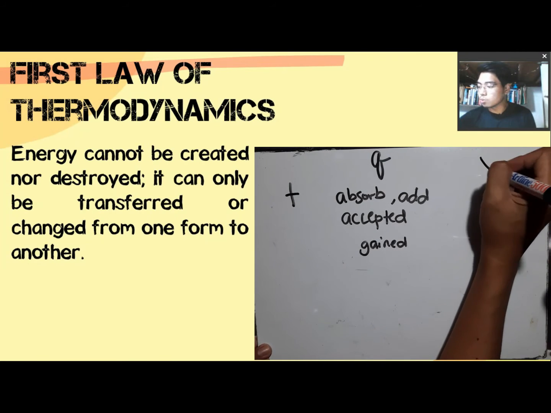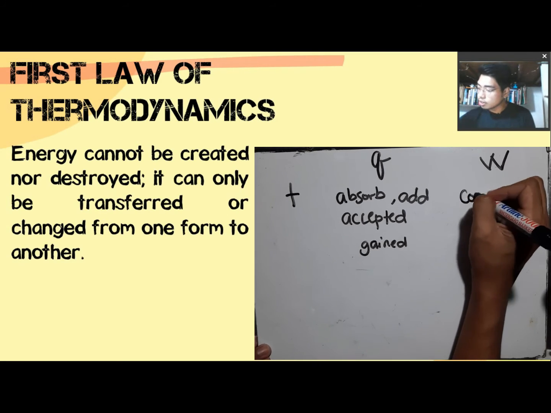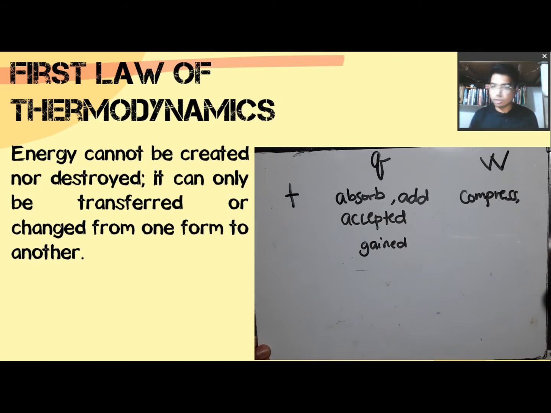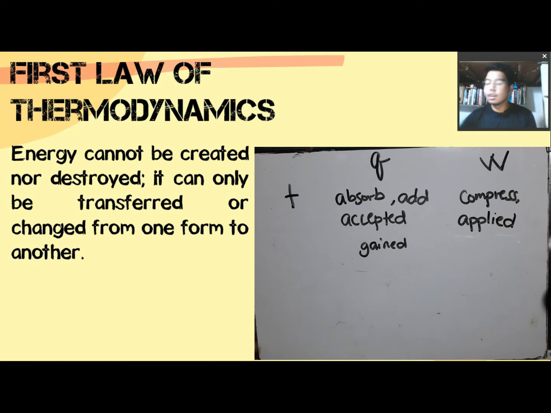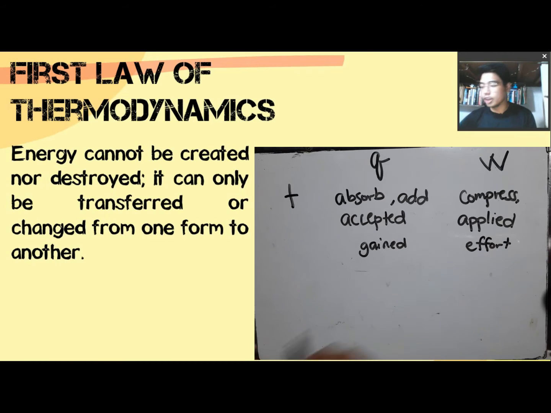Now, when it comes to work, the value of work will be positive if we utilize the following terminologies. The first one, compress. Also, the term applied. From the terms itself, we can determine that whenever we are talking about positive work, there is basically an effort done.